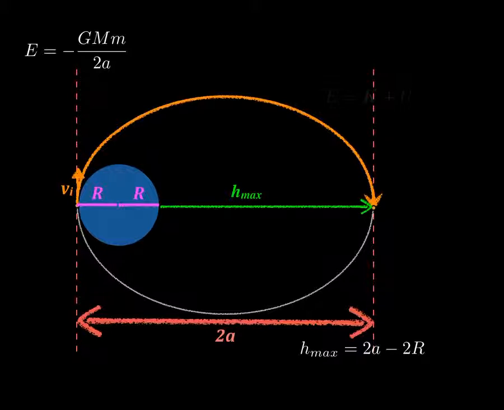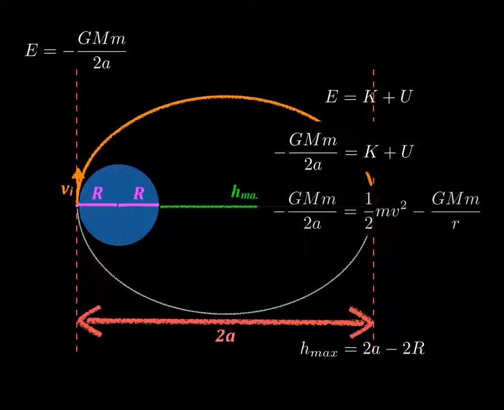So using our expression for mechanical energy, E equals K plus U, we can substitute on the left-hand side for E minus GMm over 2a. And on the right-hand side, we can substitute the expression for K plus U. Now, at any point on the ellipse, there will be a velocity, and the radius from the center of the planet can be measured, and so you can make substitutions.